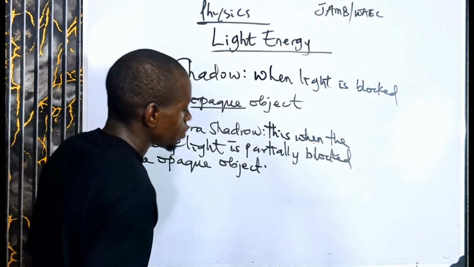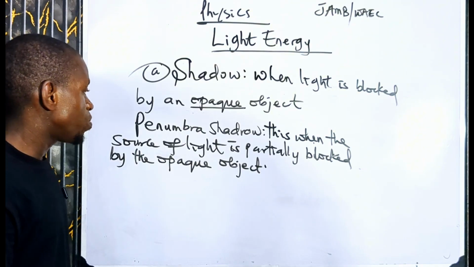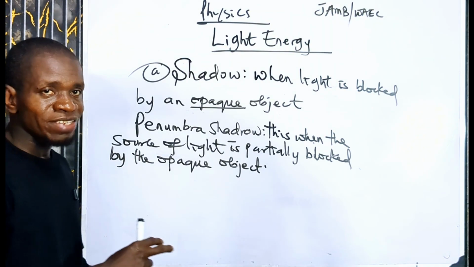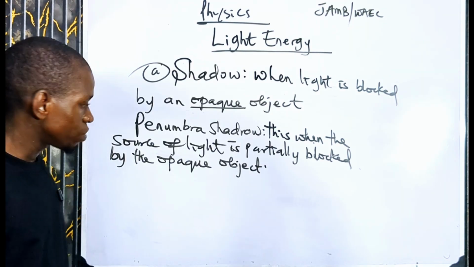So when it is partially blocked by the opaque object, it results in what you call penumbra region or shadow. And penumbra shadows are not as dark as umbra shadow. They are kind of grayish in color.